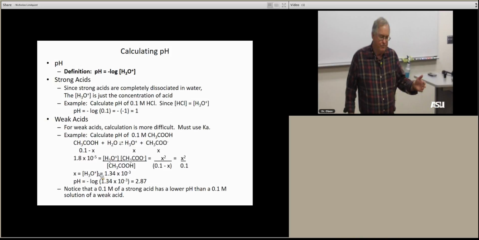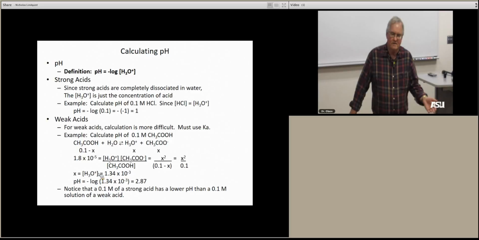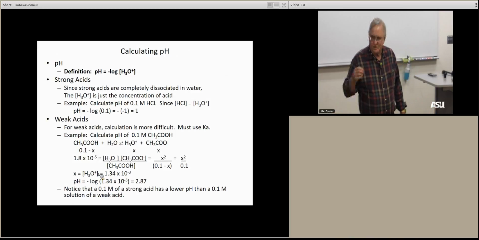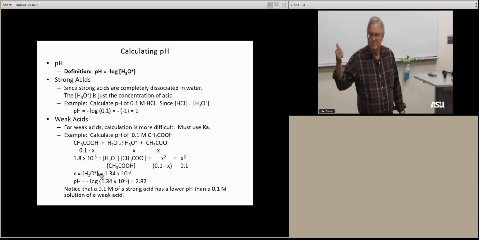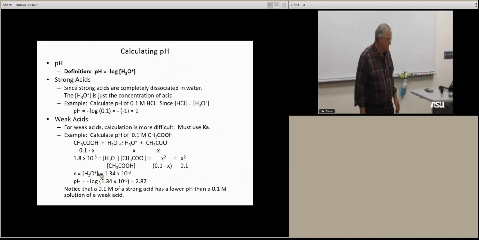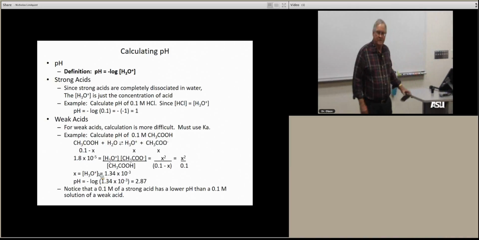If I have 0.003 molar HCl, I have 0.003 molar H+. So I just plug in that concentration of hydronium ion into my pH equation, and I calculate the pH. So what would the pH of a 0.003 molar solution of HCl be?